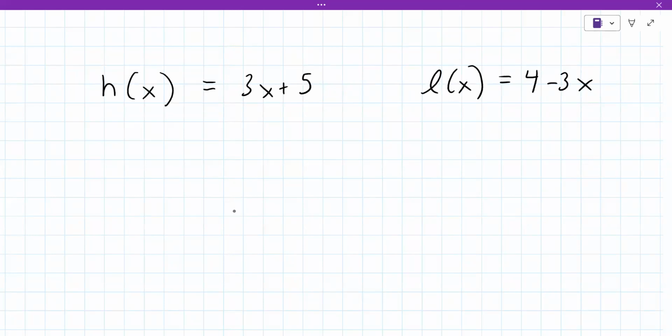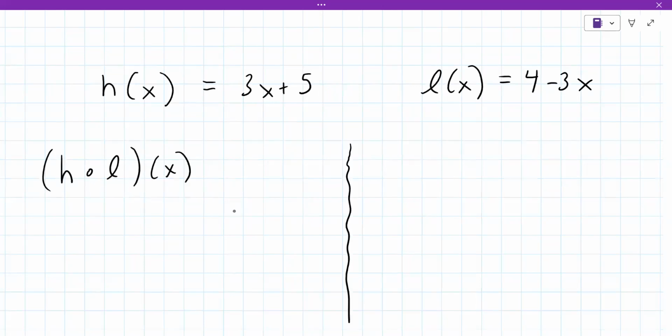So there's two things I want. I want h of L of x and then also want L of h of x. So make sure you get the right one in the right order. And if you have any questions, let me know. But whenever you get one done, let me know and I'll check your work before going on to the next.